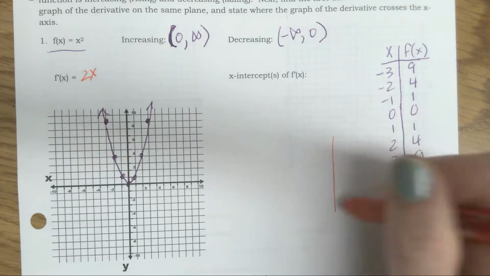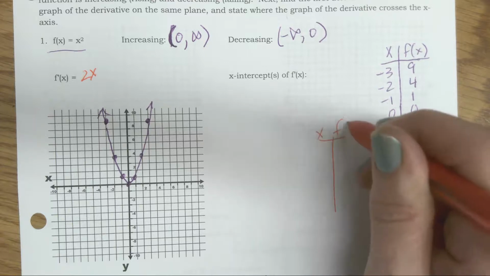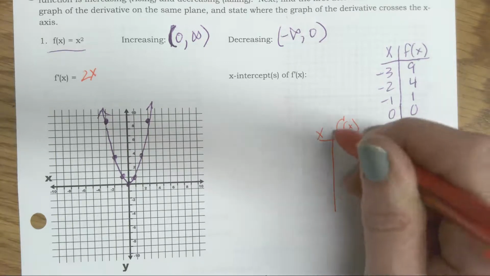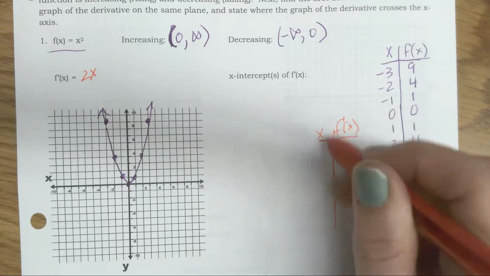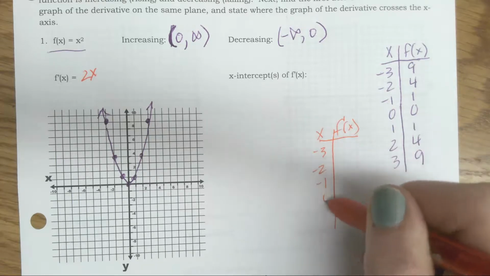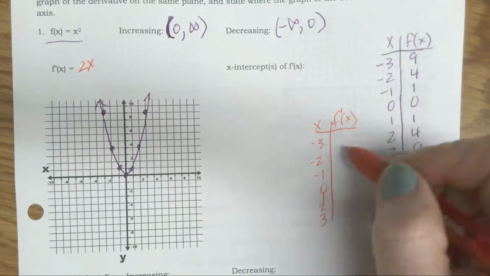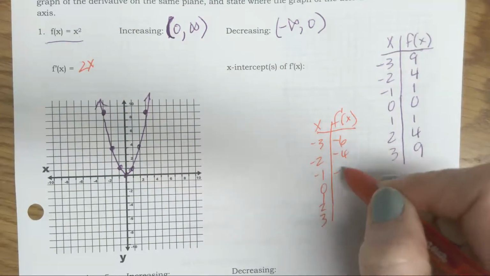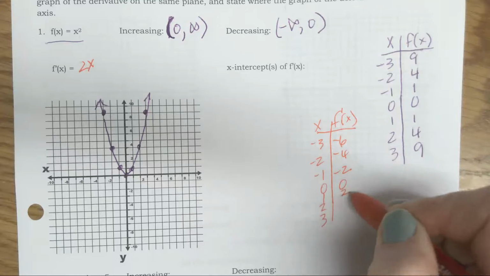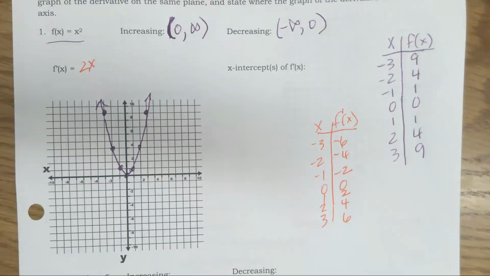We could do another quick table, x, f prime of x this time. Got room to do it, might as well. -3, -2, -1, 0, 1, 2, 3. So that's -6, -4, -2, 0, 2, 4, 6. And I'll plot those points.